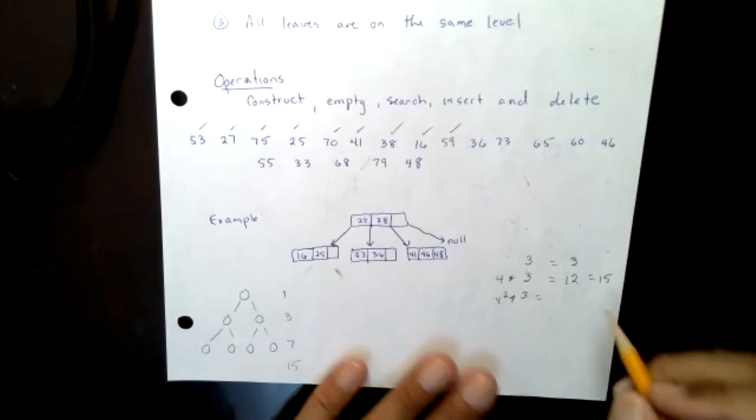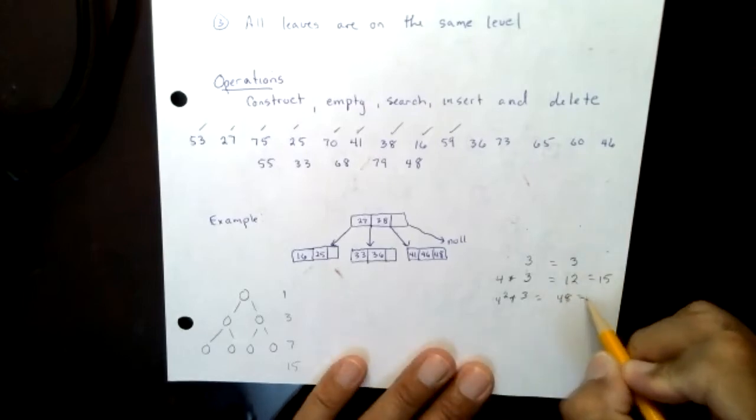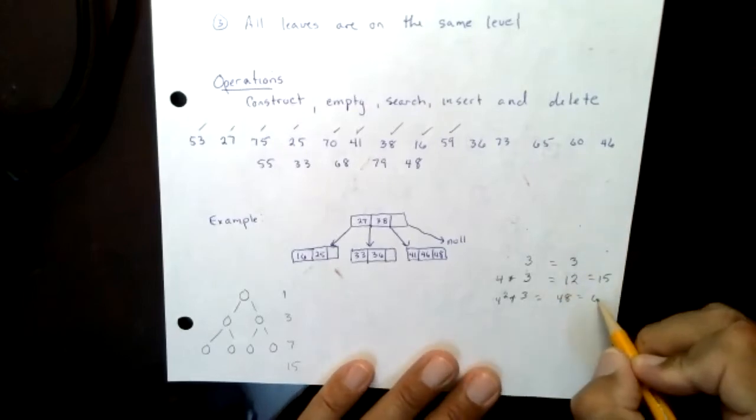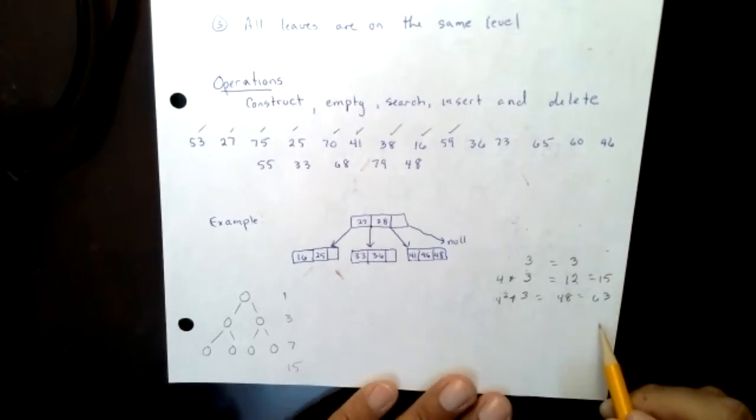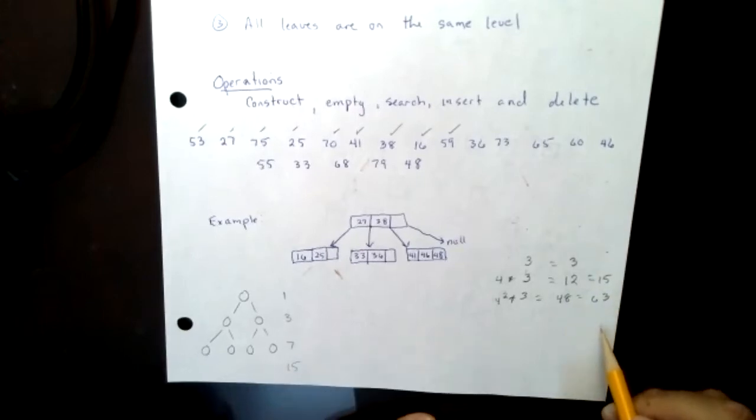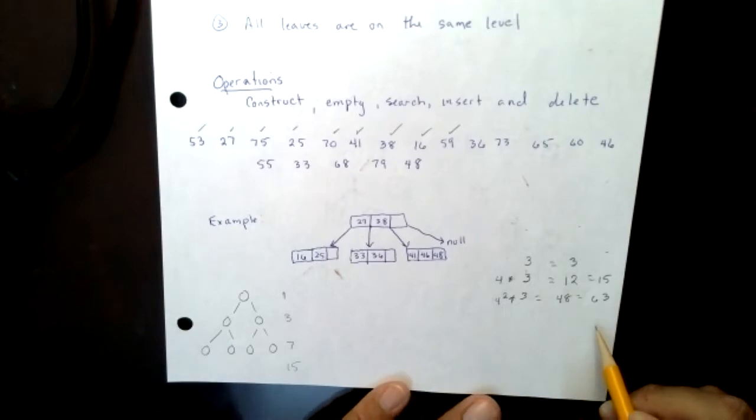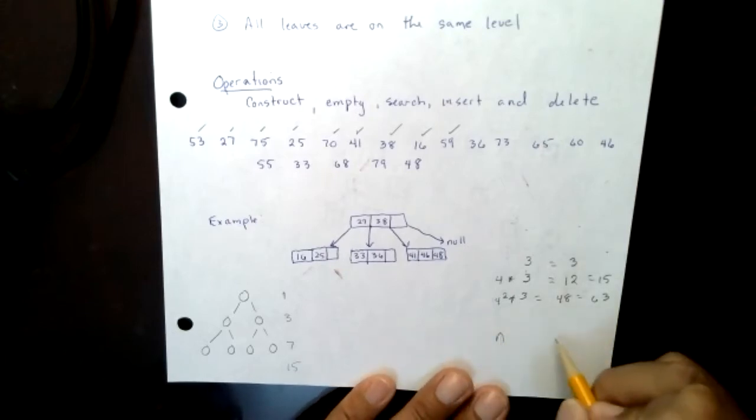Now I'm looking at 48, giving me a total of 63. What do you think the next number would be? My math geniuses? Sequences and series and all of that stuff in pre-calc. What would the nth one be?